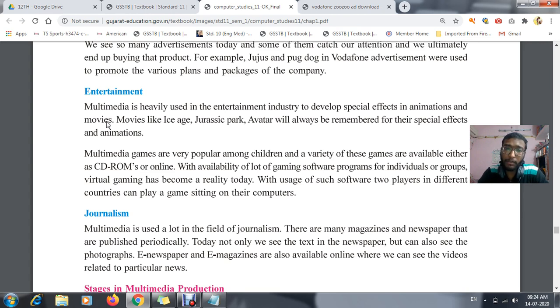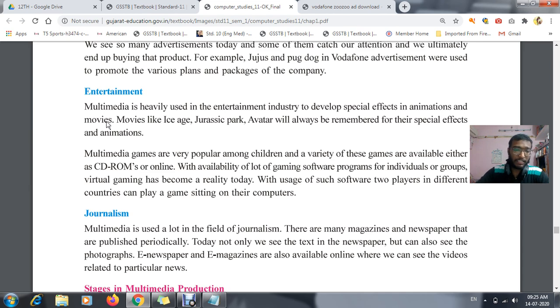Superheroes get special powers, and by using the power they can jump in any way. That means it is not possible in the real world, but it is possible in an imaginary world, and this is only possible by using graphics, that is your VFX effect. This is the best example of multimedia in the entertainment area.